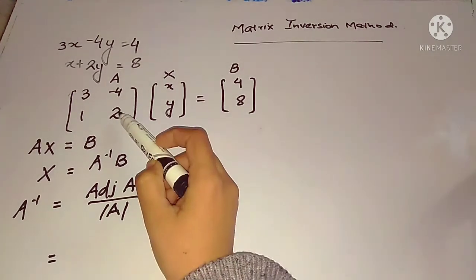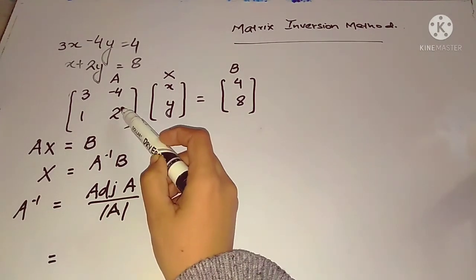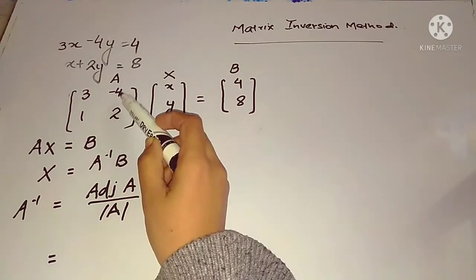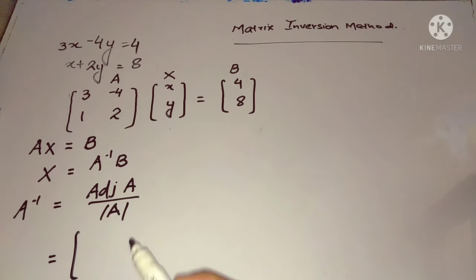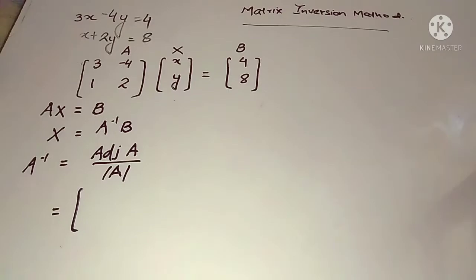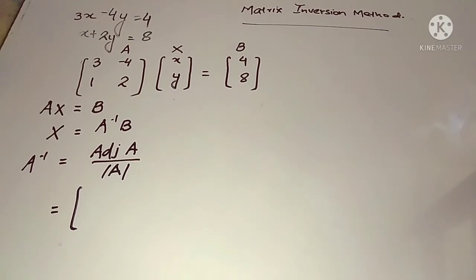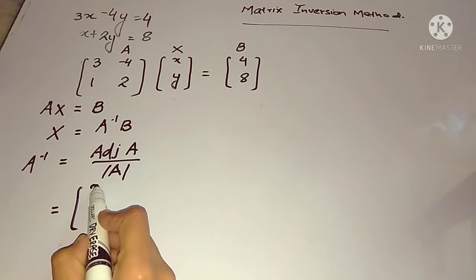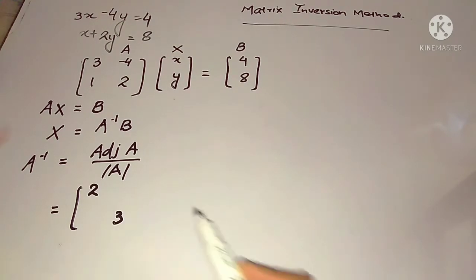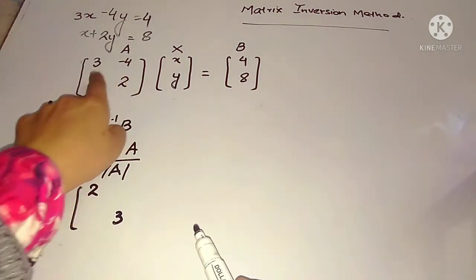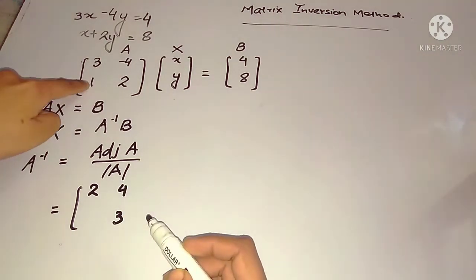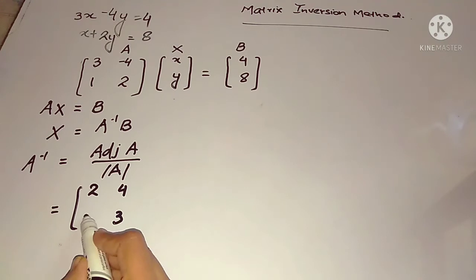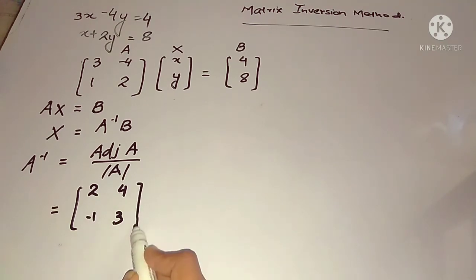You have to change the positions of these two numbers, and you have to change the signs of these two numbers. So this is how you change the positions, 2 and 3. Now I'm going to change the signs of these two numbers. This is minus 4, it will become plus 4. This is plus 1, it will become minus 1. This is the adjoint of A.